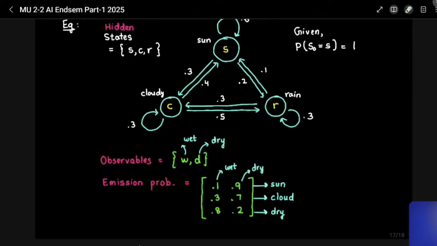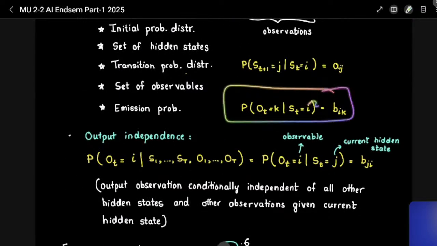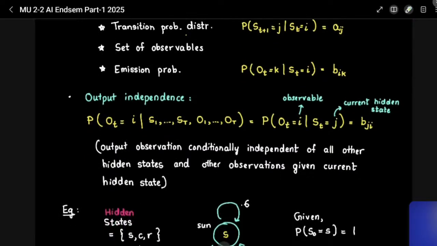So what do these probabilities mean? Given that the hidden state is sunny, what is the probability that my friend's clothes are wet? If you look at this notation, given a certain state, what is the probability that the observation K was made at the same time?